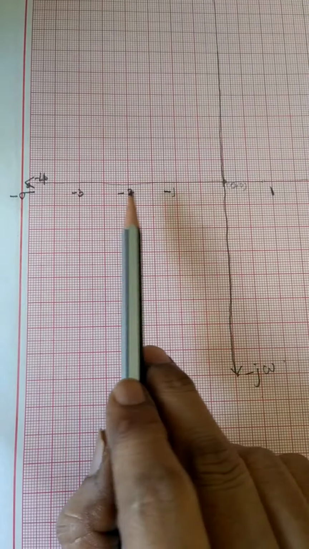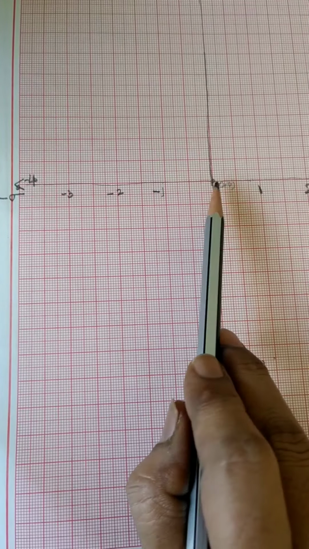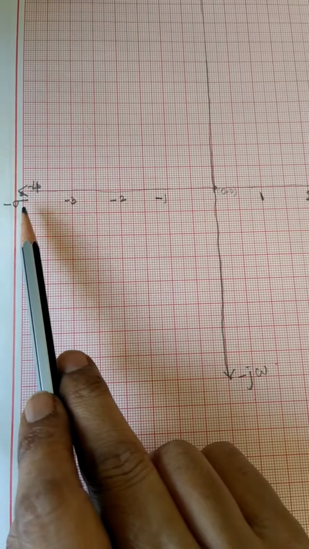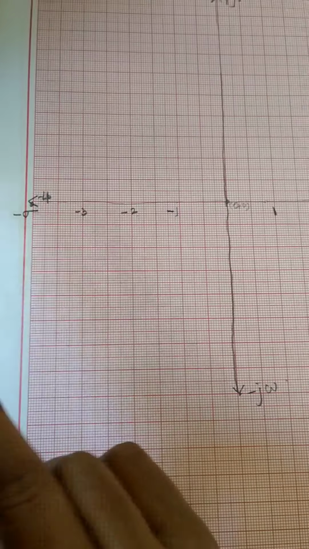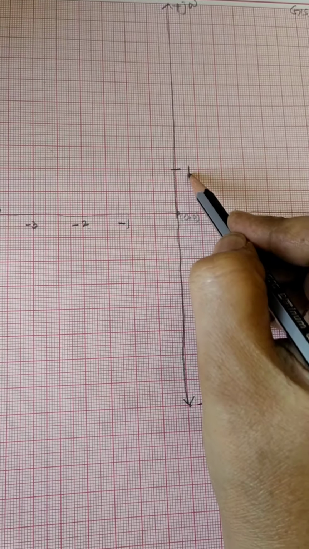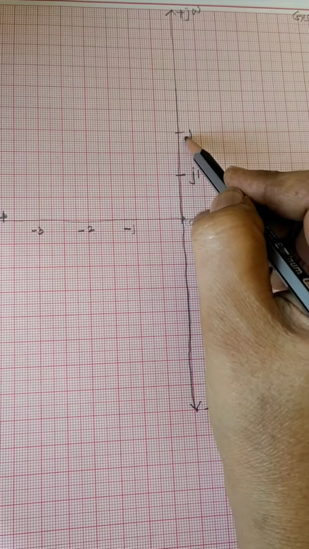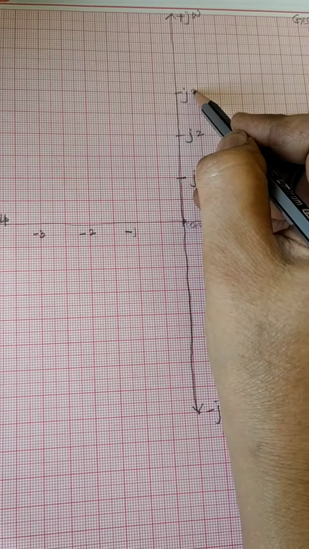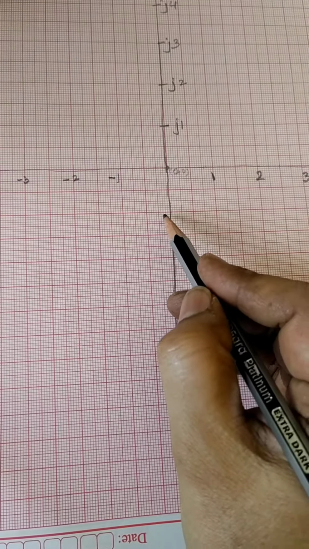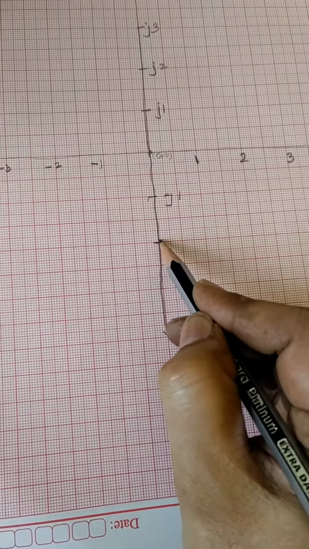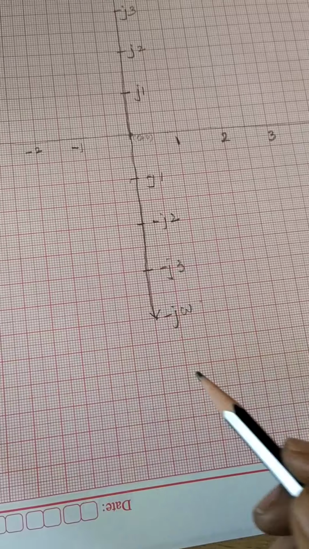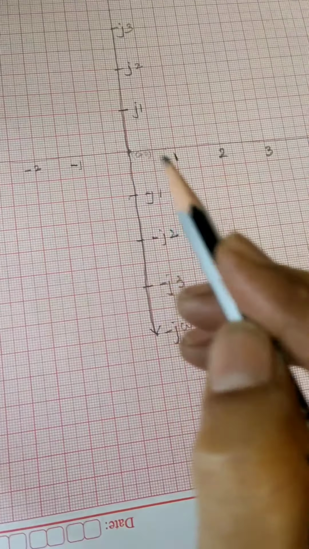Similarly, equal scaling on the j omega axis: this will be plus j1, plus j2, plus j3, plus j4, etc., till plus j infinity. Then I have minus j1, minus j2, minus j3, and minus j4, to infinity. So this is my 0 point.